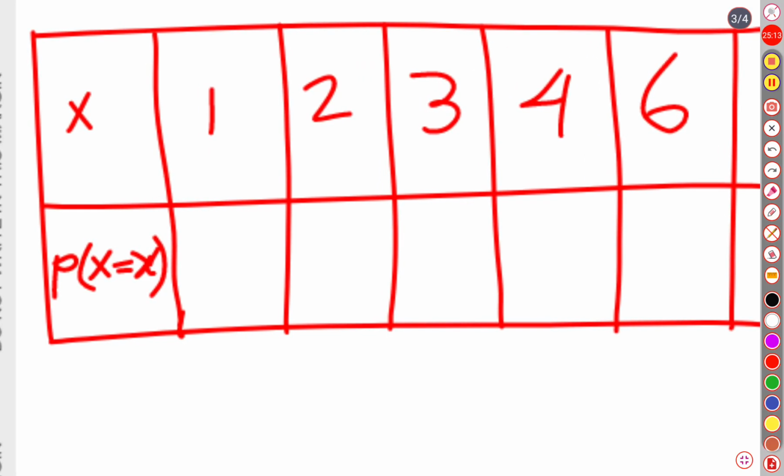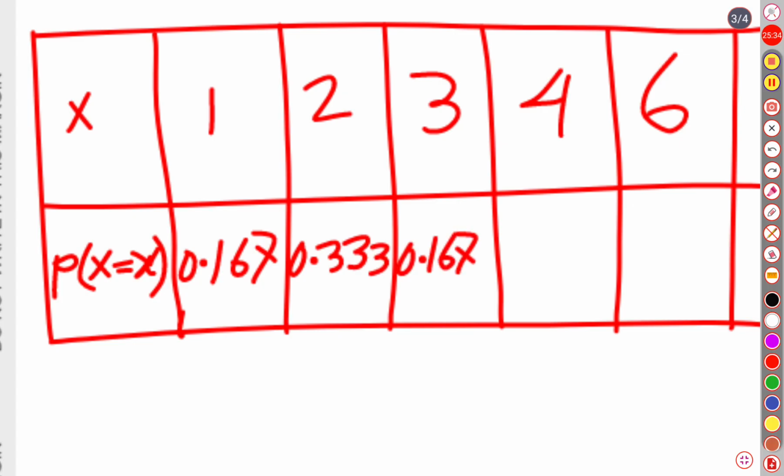So the first one is 0.167 if we round it to three significant figures. The second one was just exceptional, it was 0.333. And the rest of them are the same as the first one, 0.167, 0.167 and again 0.167. So that is our probability distribution table.